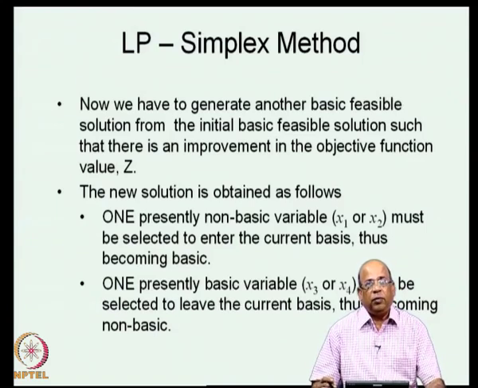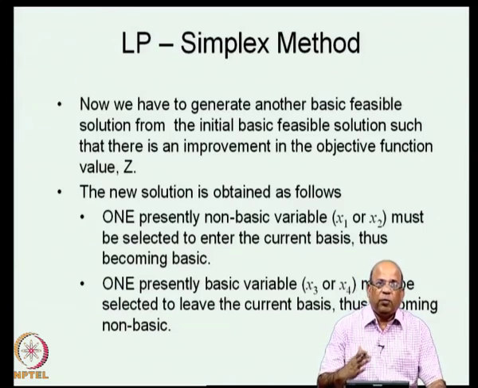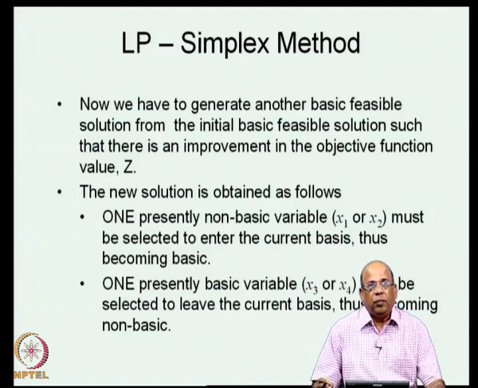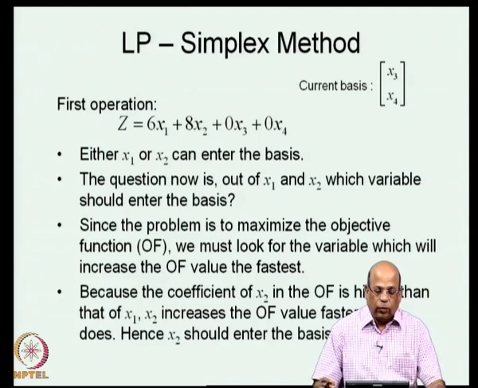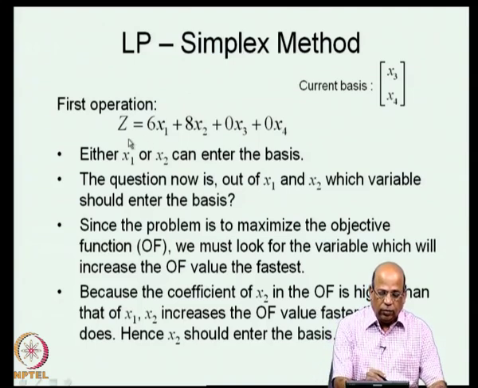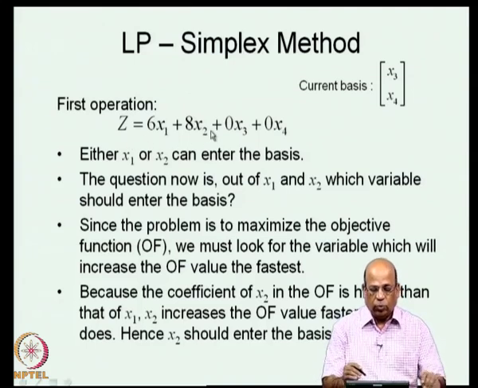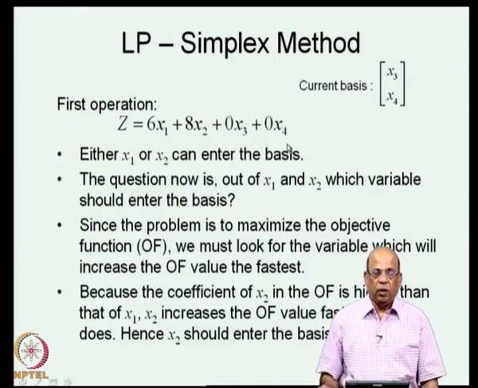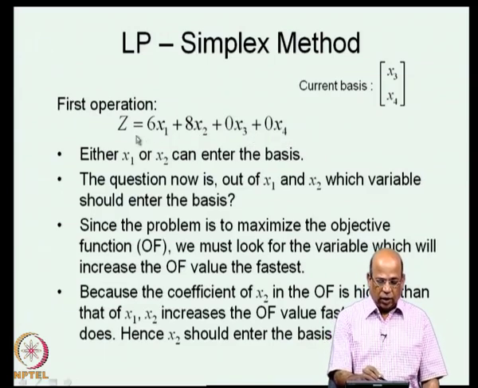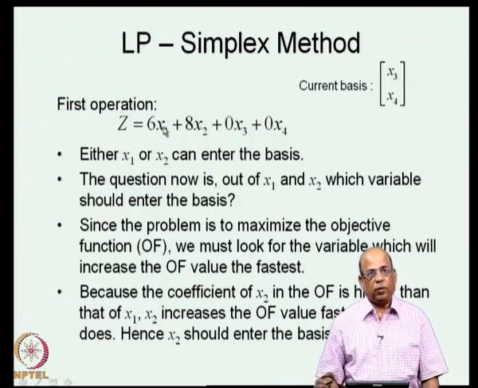How do we decide which among x1 and x2 should enter the basis? You look at the objective function. Your objective function is 6 x1 plus 8 x2 plus 0 x3 plus 0 x4, and x1 and x2 are currently at 0 level because they are non-basic variables.